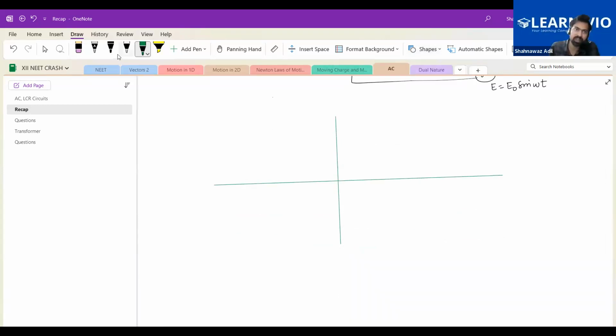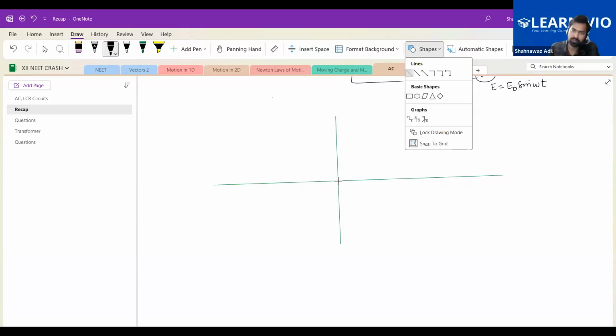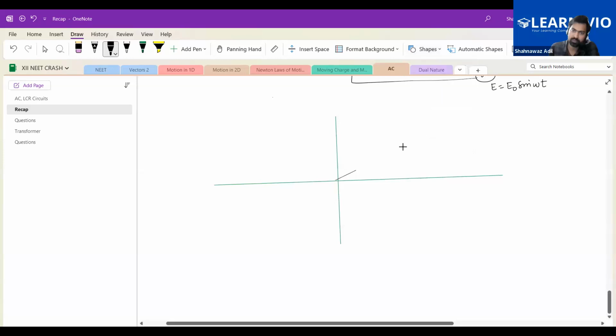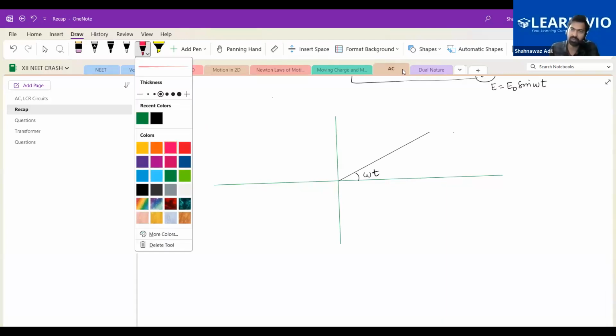This is omega t, and this is the supply voltage V. Now the current that we are getting is, let's say, this one.